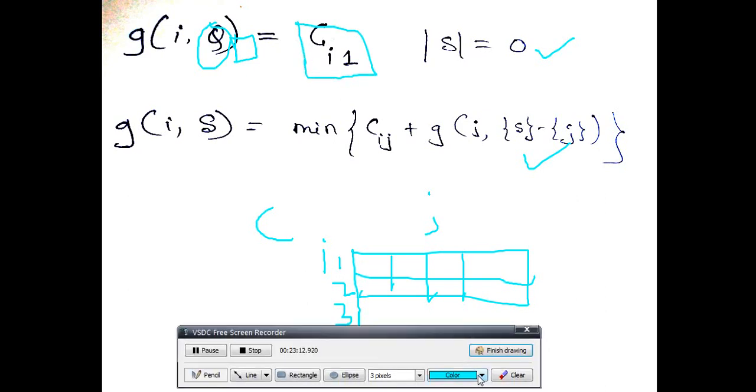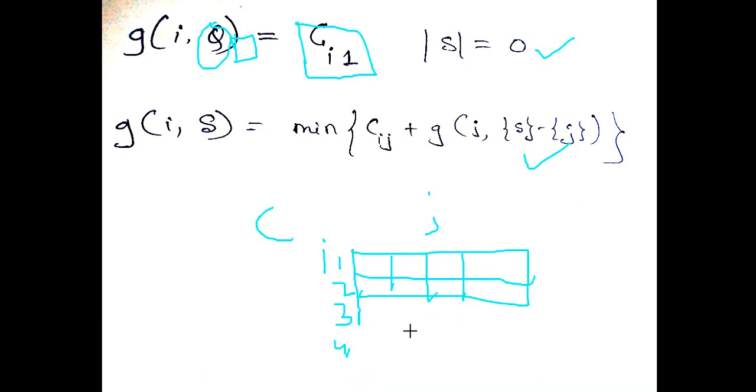Initially value is null, so we go for this formula, C of I comma 1. What is the meaning? I is row, I value is row and 1 is first column. While solving you will come to know 1 is first column. I, you can take 2, 3, 4. In which situation?